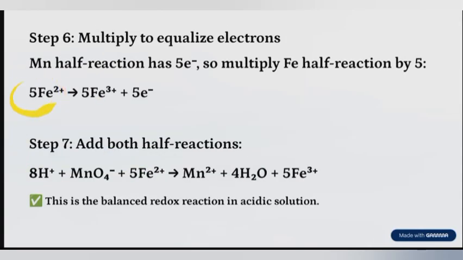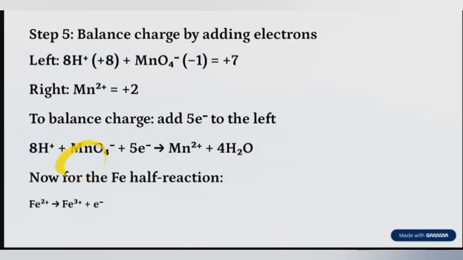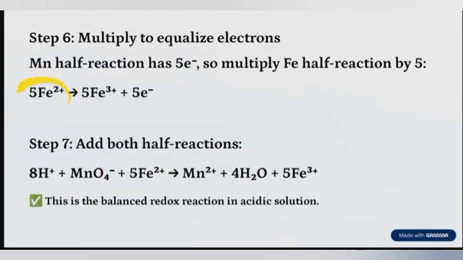So you add them together so that you'll have 8H+ plus MnO4- plus 5e- plus 5Fe2+. So that's what we have on this side. But now they remove the 5e because the e on this side would cancel out the e on the other side.